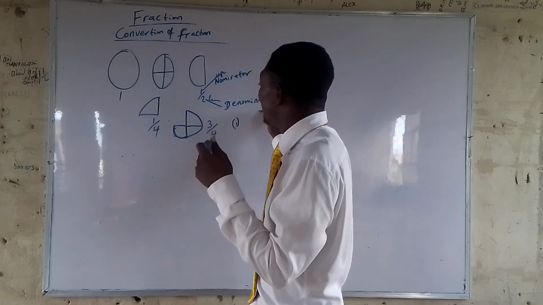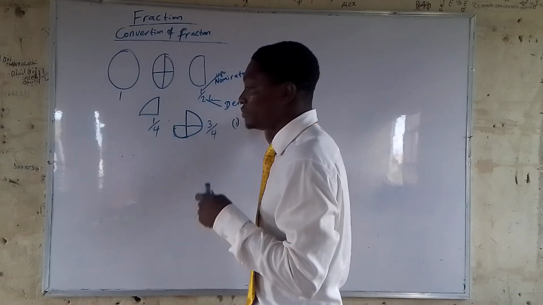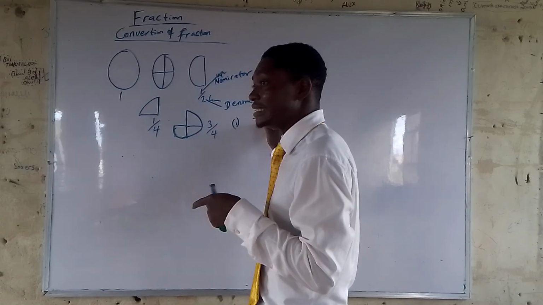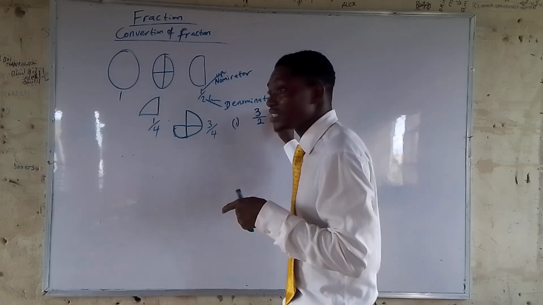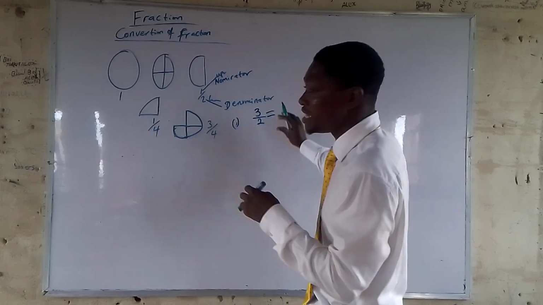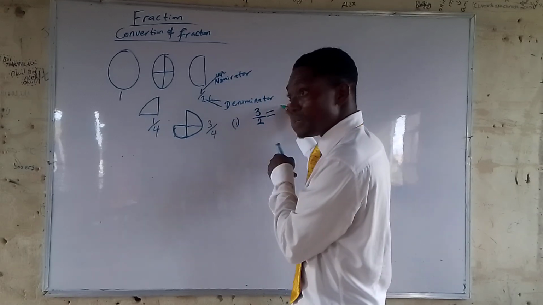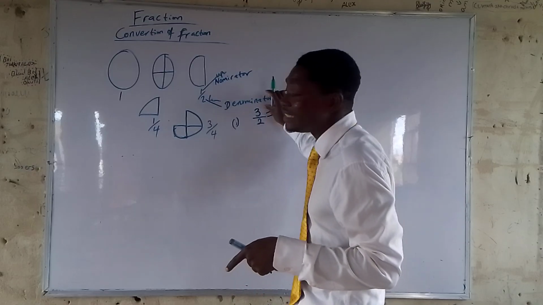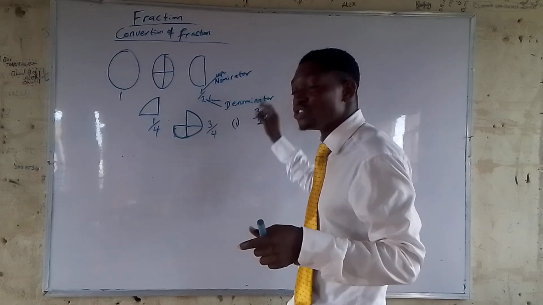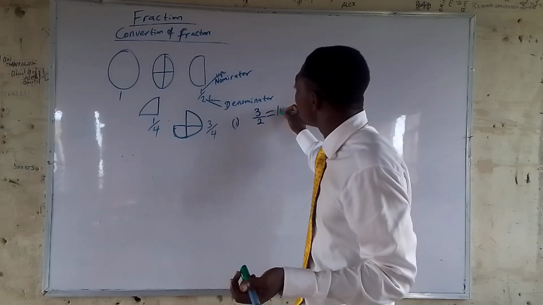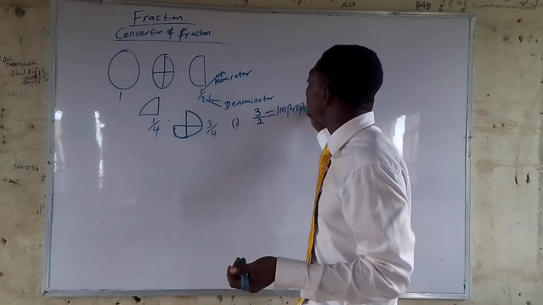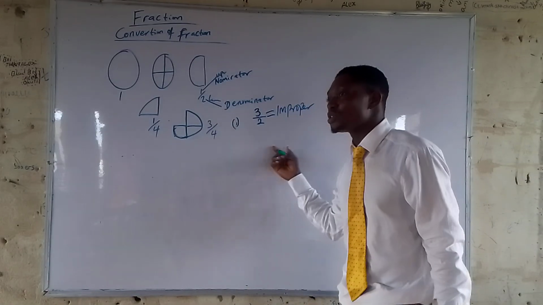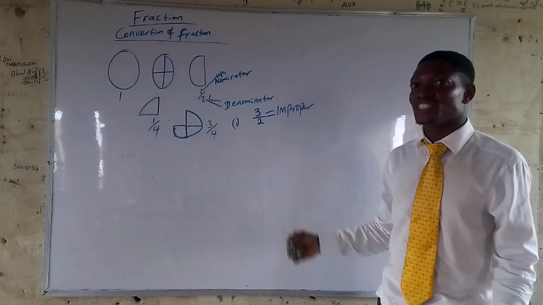You call it improper. That shows that the smaller one cannot carry the bigger one. It is not proper, so it is improper. So we call it improper fraction.